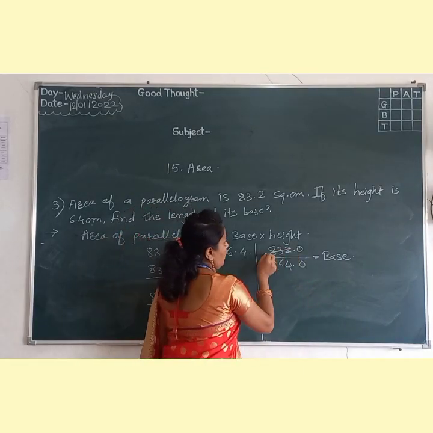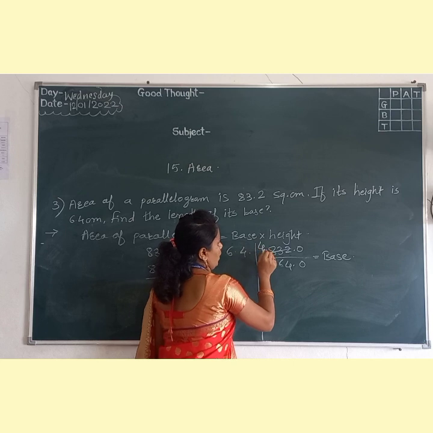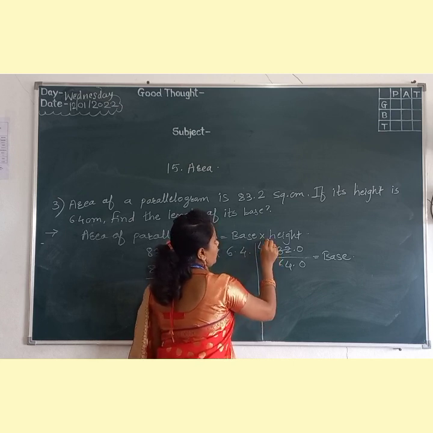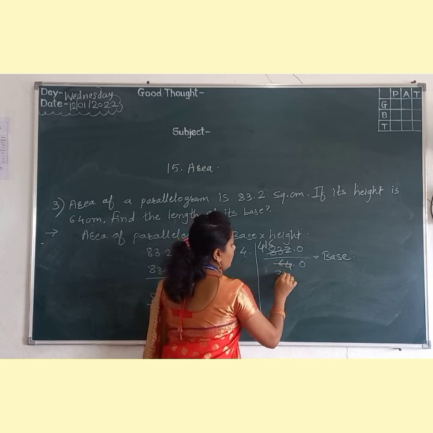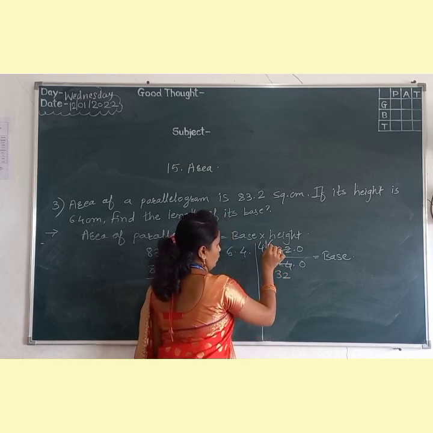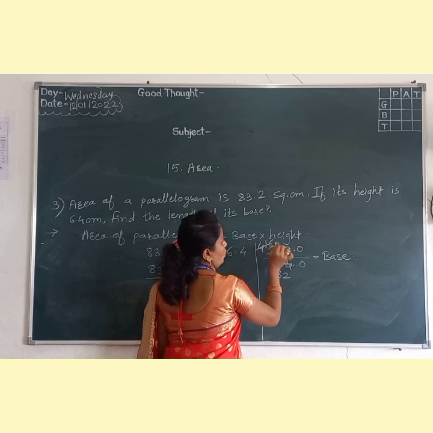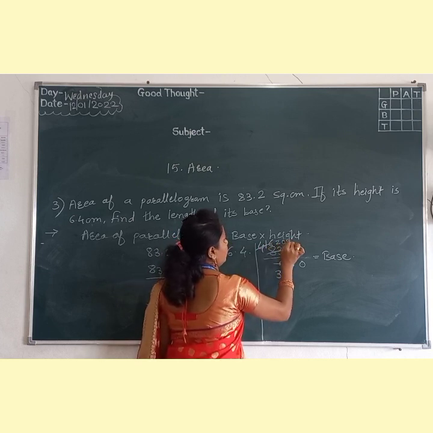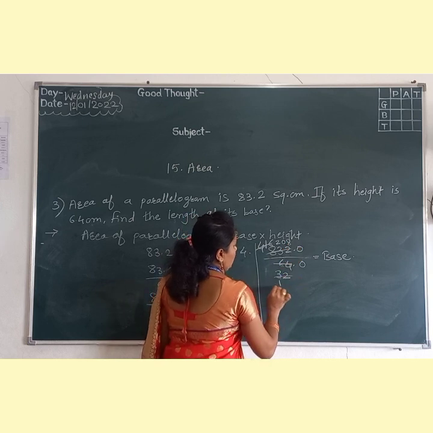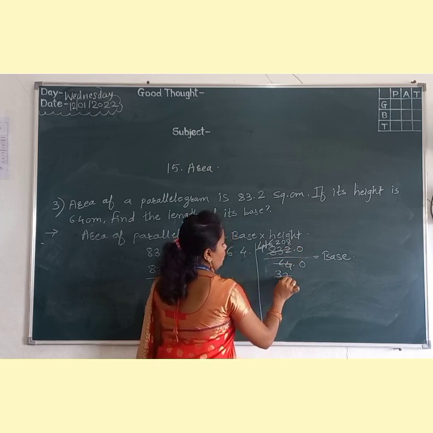Divide by 2: 2 4s are 8, 2 1s are 2, 2 6s are 12, and so on. Also divide by 2 again: 2 2s are 4, 2 8s are 16, 2 6s are 12.